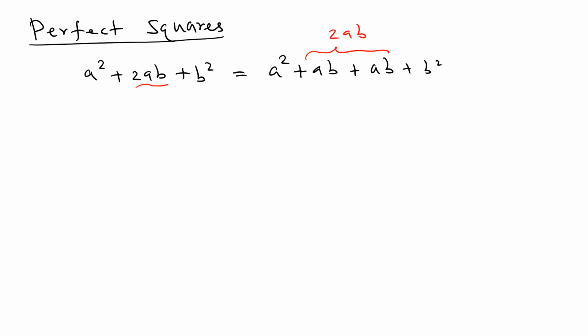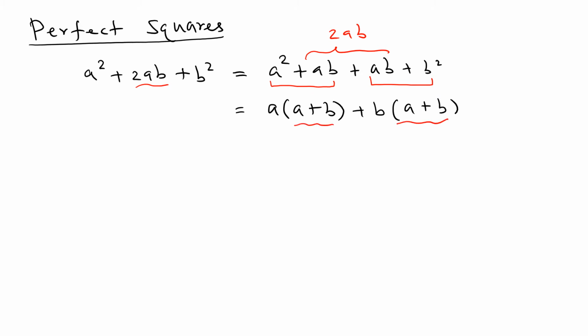So now I can find a common factor of this and another common factor of that. If you look at the first one, a is a common factor, so it's going to be a plus b. The next one, b is a common factor, so it's a plus b again. Now, since this is a common factor, as we did in the very first examples on taking common factors, you can pull out a plus b.